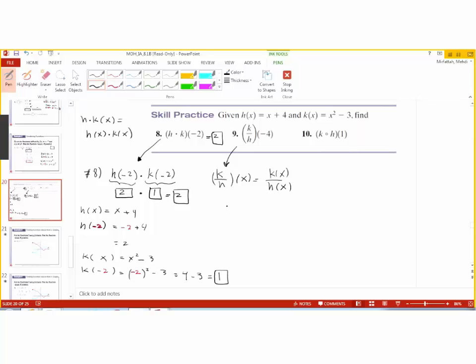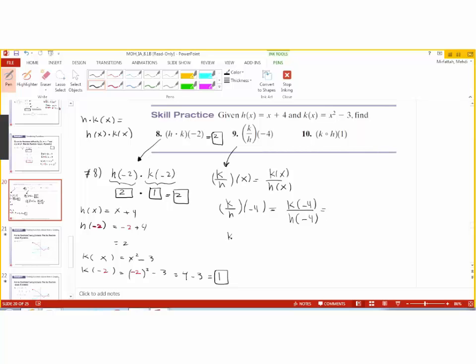That's what I have to do. So you rewrite k of negative 4 over h of negative 4. Okay, so what is h?